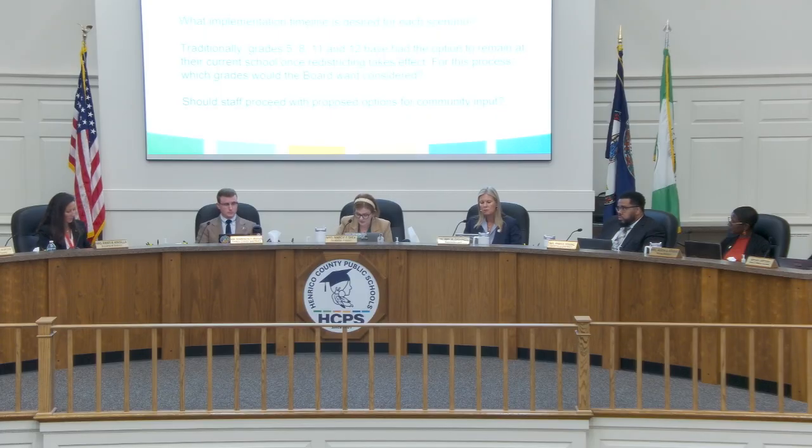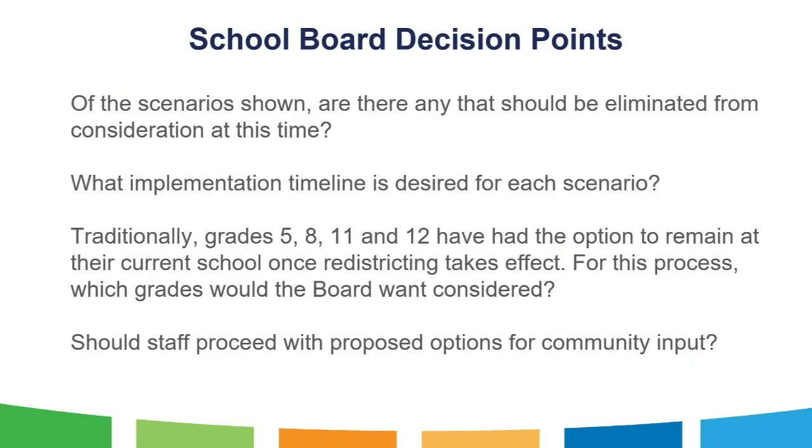So that would be eliminating from consideration for this process the 81 students to Glen Allen and the Moody as presented. Thank you. All right, next question is what implementation timeline is desired for each scenario?